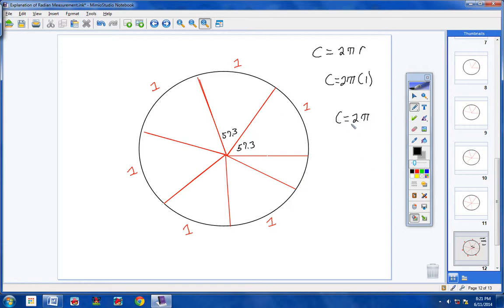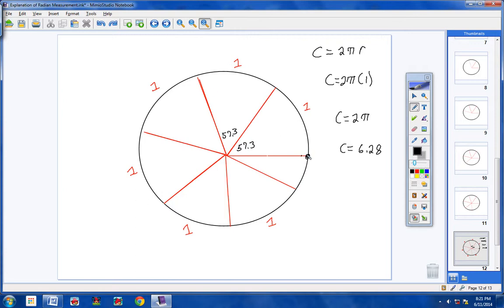Sure it is. And 2 times pi, and we'll just say pi is 3.14, 2 times 3.14 is 6.28. So if I were to start right here and go all the way around this whole circle, the circumference would be 6.28.